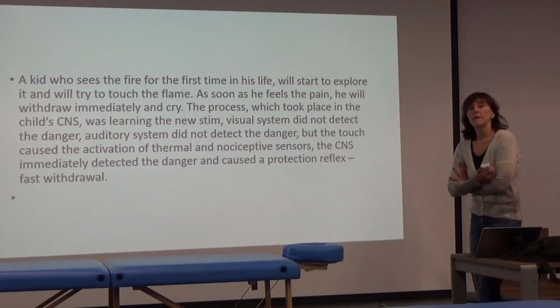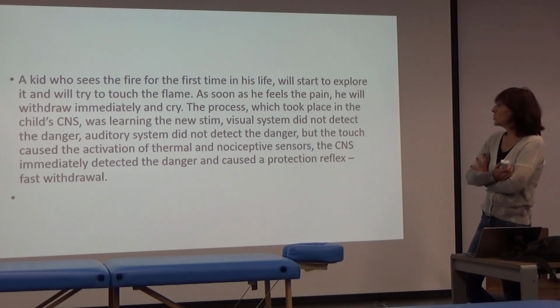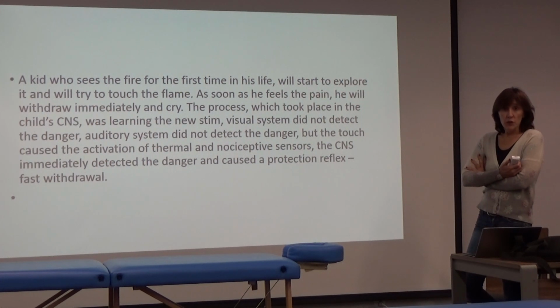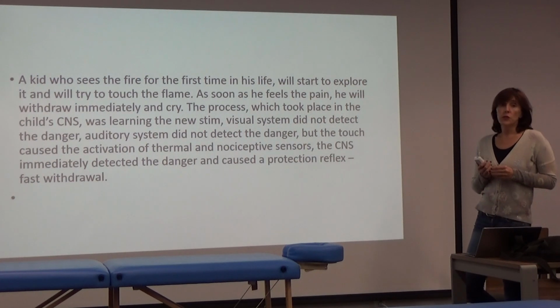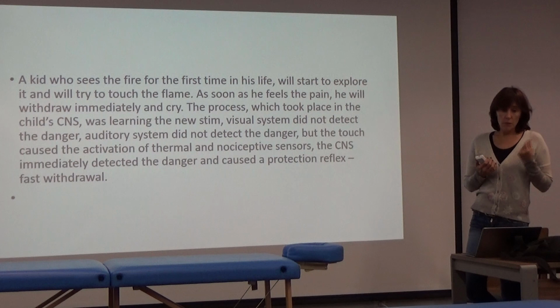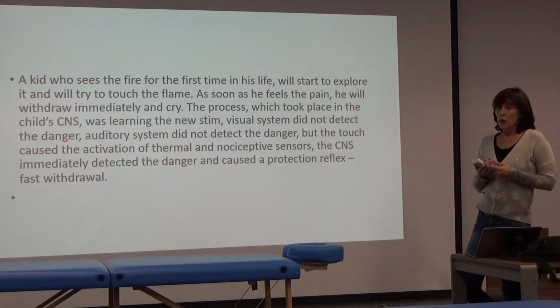For example, a little baby who sees fire for the first time in his life would be interested in the fire. He would try to touch it, because his visual system doesn't process any dangerous information. He doesn't hear any dangerous sound. And then he's trying to touch because he's not familiar with the stimulus.